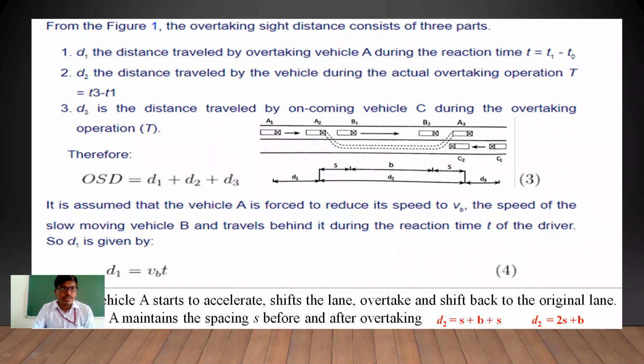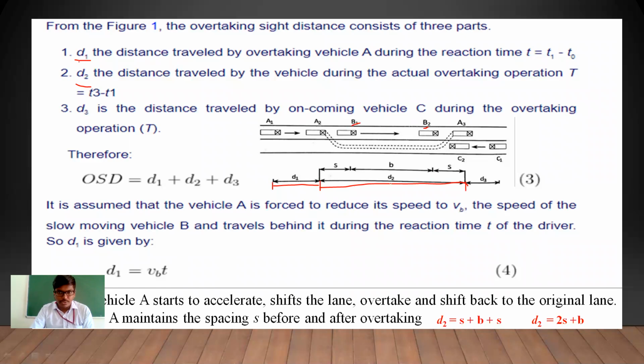Moving back, these are the three components in overtaking sight distance. First, D1 is the distance from position A1 to A2 of vehicle A. Next, D2 is the distance from position A2 of vehicle A to position A3 of vehicle A. In between, we should also consider the position of vehicle B, that is B1 and B2 positions.